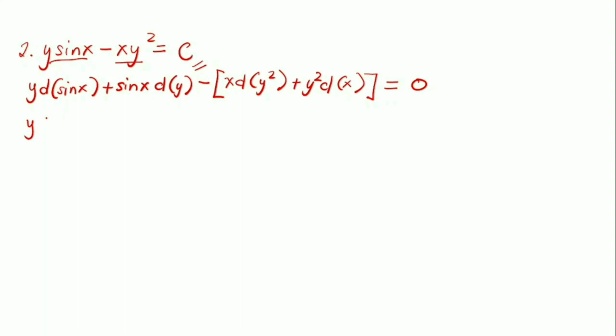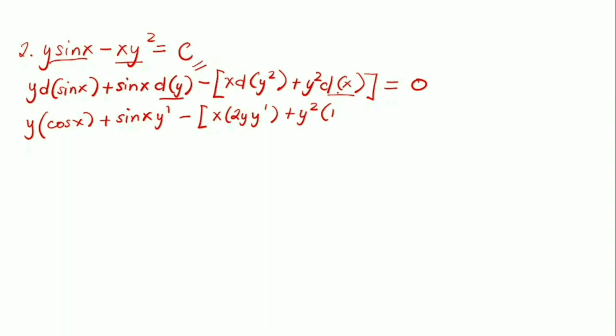So, y times the derivative of sine x is cosine of x plus sine x, the derivative of y is y prime minus x times the derivative of y squared is 2y, y prime plus y squared, the derivative of x is 1. Okay? Equals to 0.